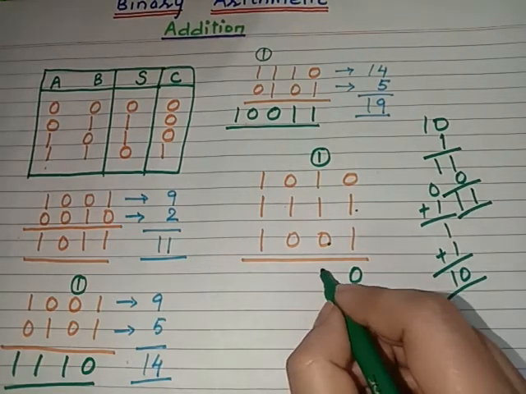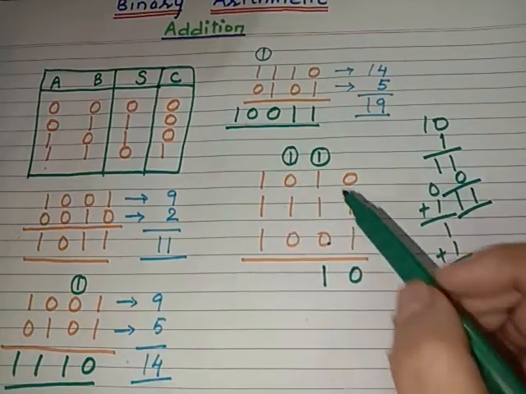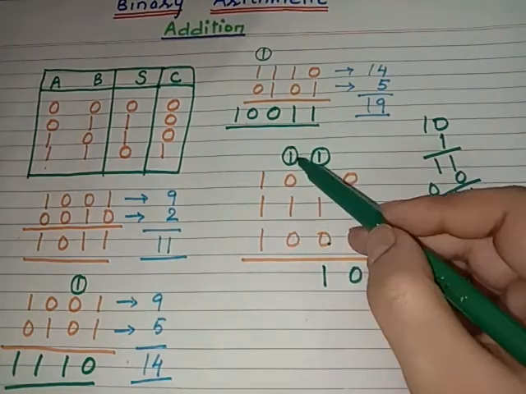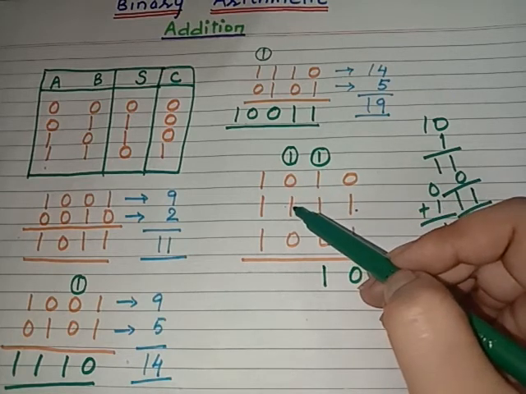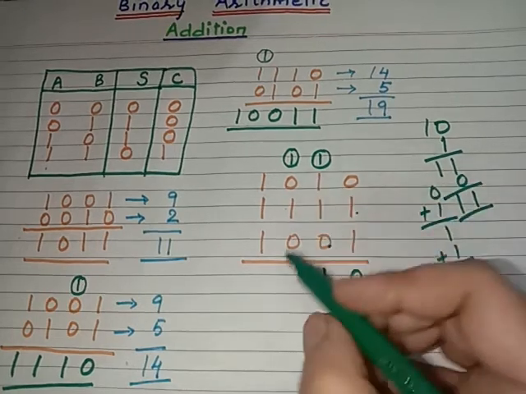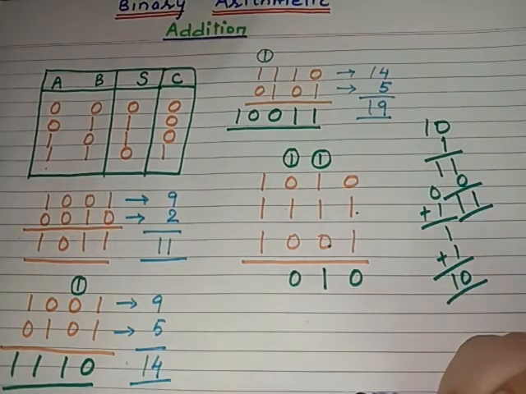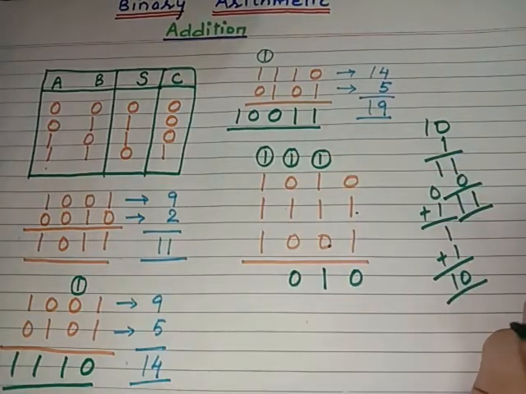So you are here getting 1 in the sum and 1 in the carry. Now you can add these numbers. 1 plus 0 is 1. 1 plus 1 is 10. 10 plus 0 is 10. You will be writing 0 in the sum and 1 in the carry.